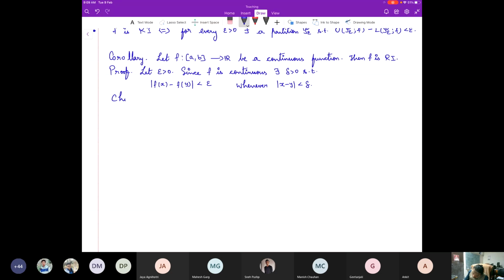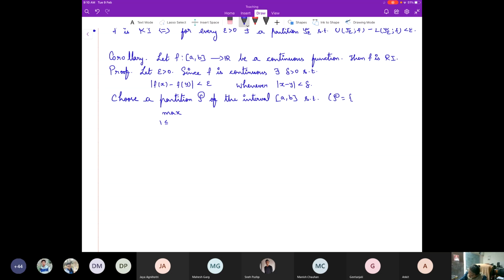So choose a partition P of the interval [a, b] such that the maximum is less than delta. So what is the partition?